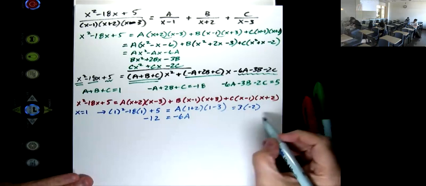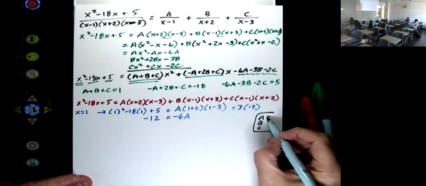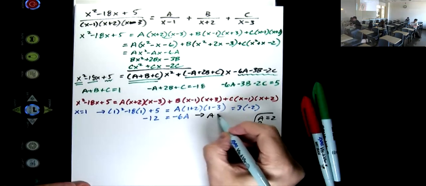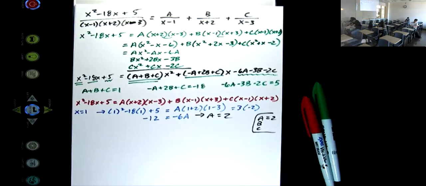So I can see that a is going to equal 2. Everybody with me on that? Now do the next one.